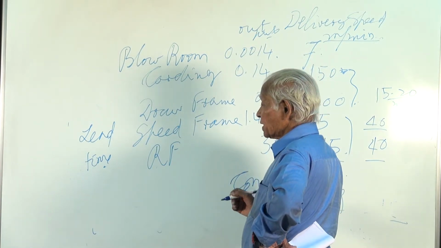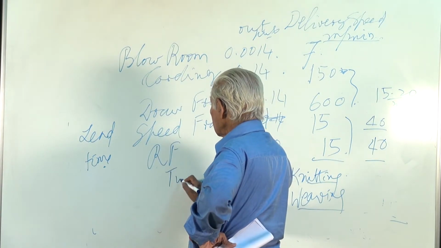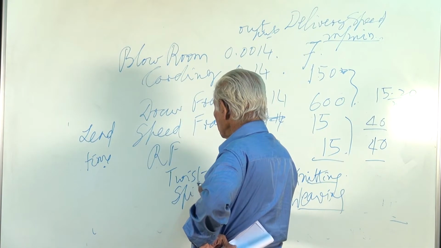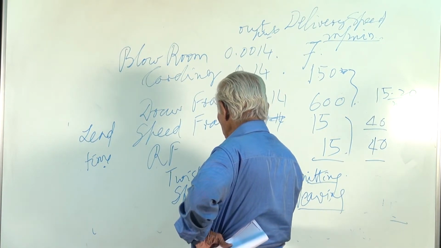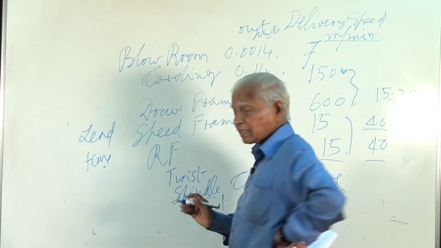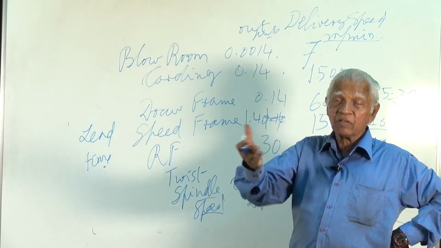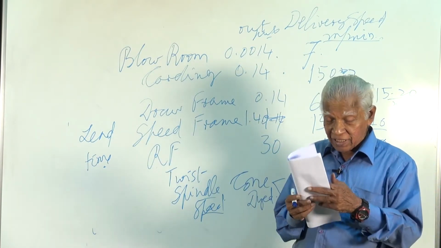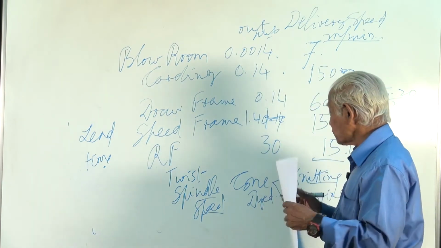In fact, there are only two factors which affect the strength of the yarn. One is the twist, the other is the spindle speed. So when speeds are increased, production will be increased. When twist is reduced, production will be increased. But then the quality has to be looked into. A reduction in twist is required in knitting yarns, but not in yarns meant for weaving.